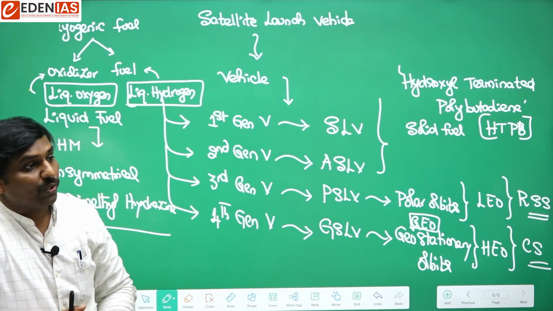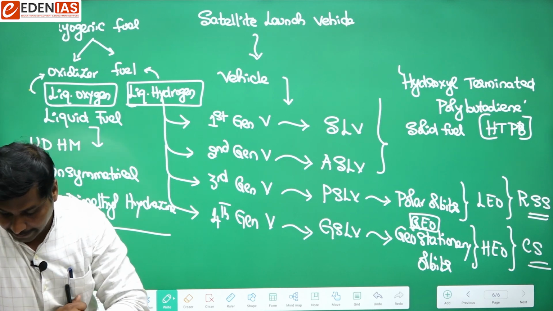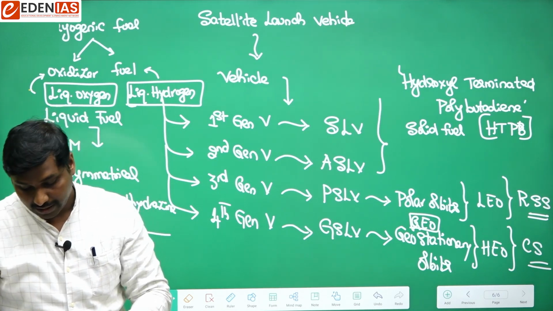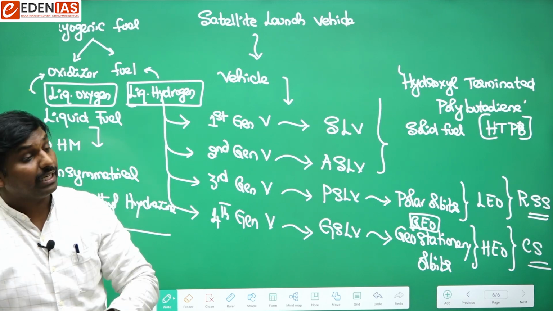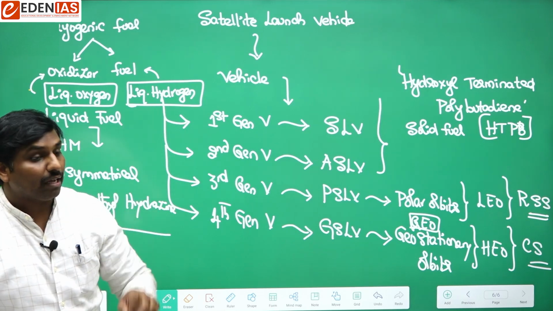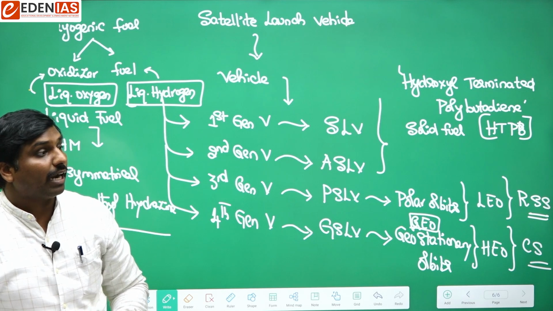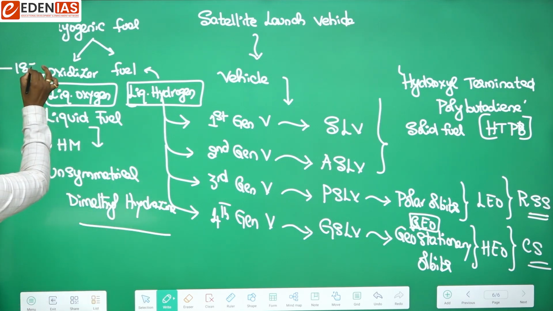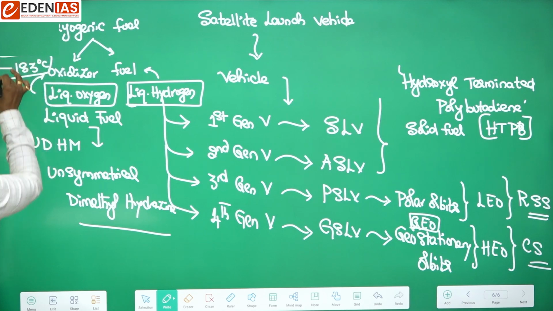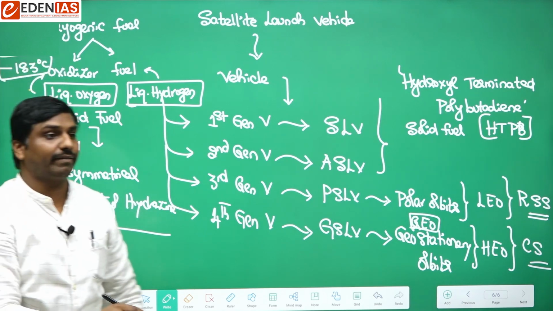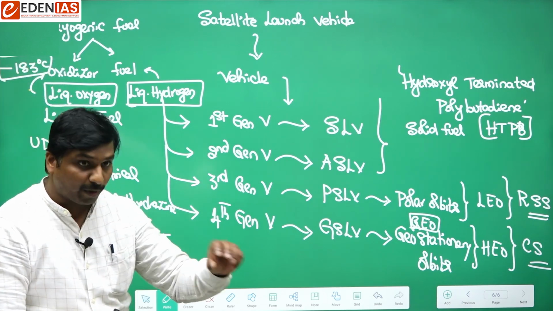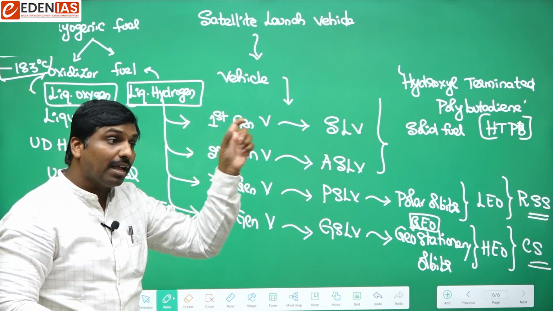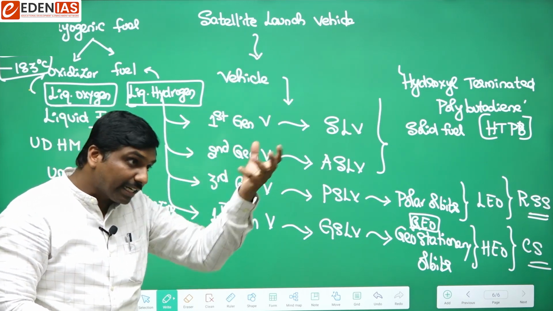Okay. So here we are saying that they are at very low temperatures. Usually oxygen gets liquefied at a temperature of minus 183 degrees centigrade. Minus 183 degrees centigrade we are talking. Okay, 100 degrees is the boiling point of water. So if we take oxygen to minus 183 degrees centigrade, at this temperature it gets liquefied.